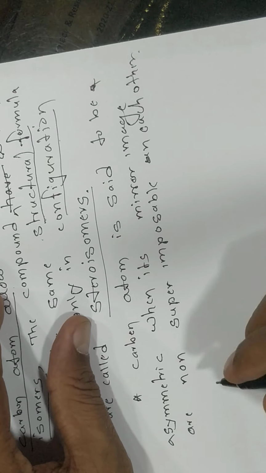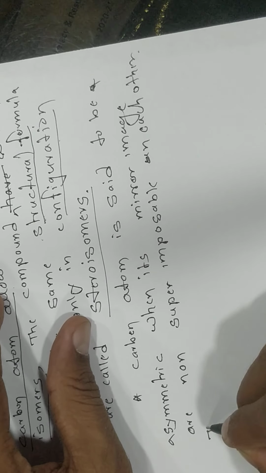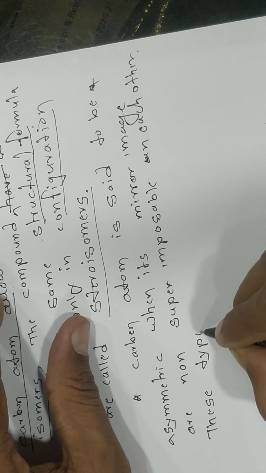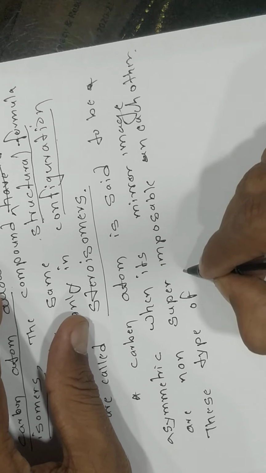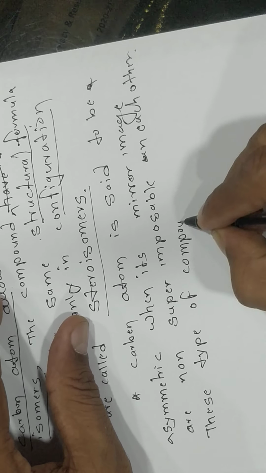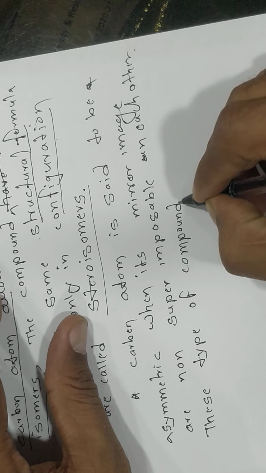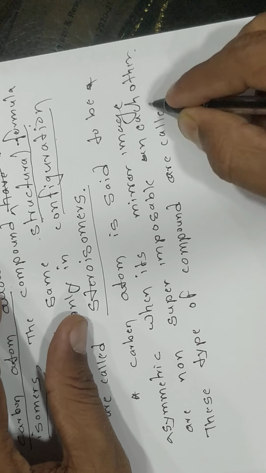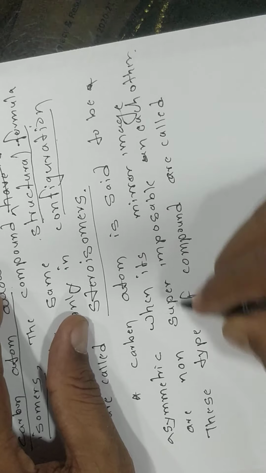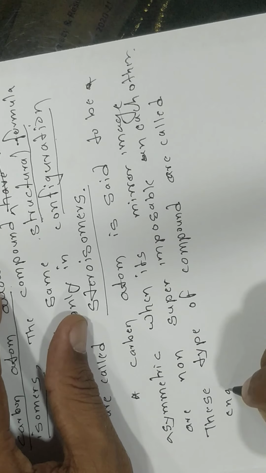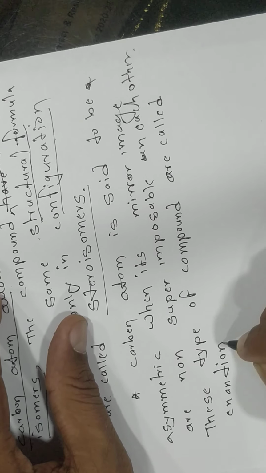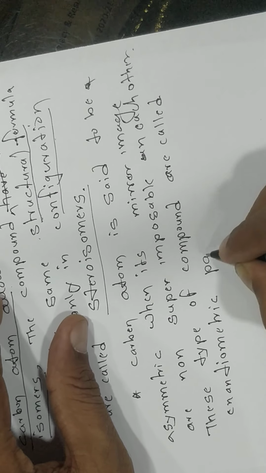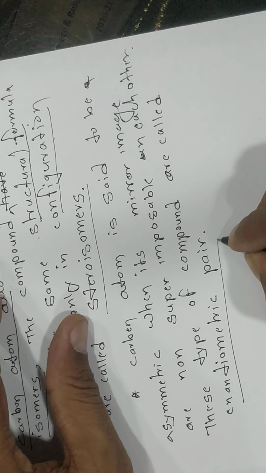These types of compounds are called enantiomers, or enantiomeric pairs.